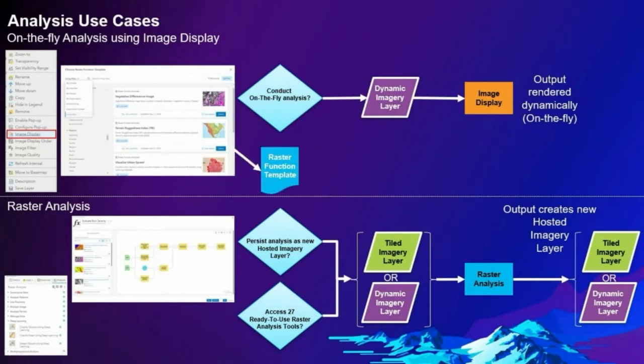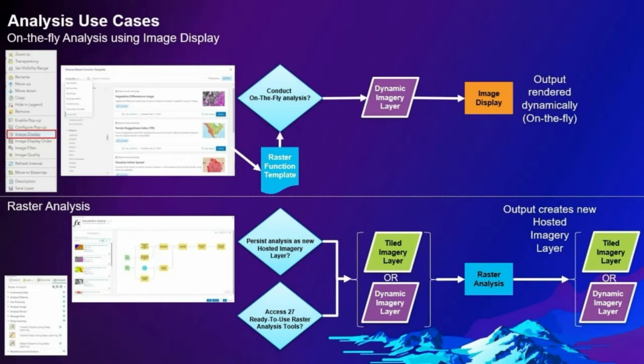The analysis methods are defined inside of a raster function template from the Living Atlas, from your ArcGIS Online organization members, or custom built using a library of more than 160 fundamental system raster functions. On-the-fly analysis is a powerful technique for data exploration and model refinement to validate the output meets project goals.